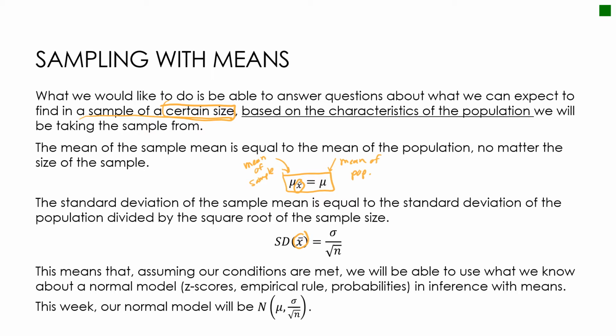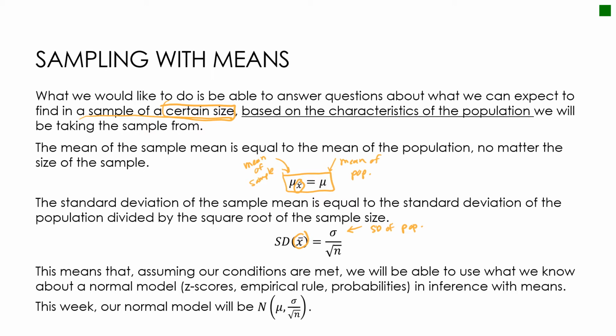the standard deviation of my sample is going to be equal to the standard deviation of the population. So this is the SD of the population, and that's why we're using Greek symbols, divided by the square root of the sample size. Remember, n is the sample size, so divided by the square root of n.